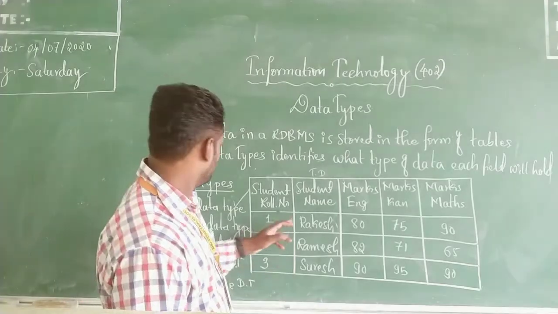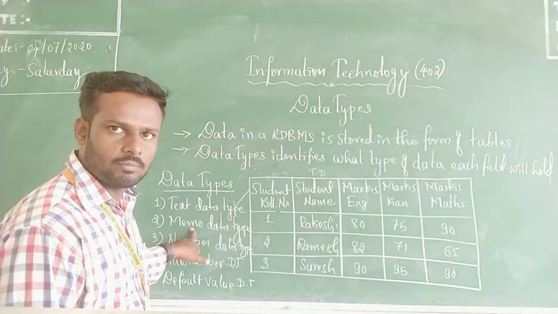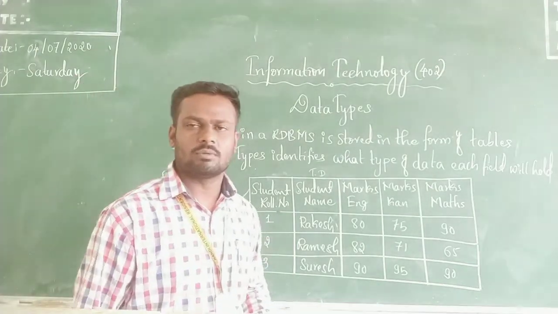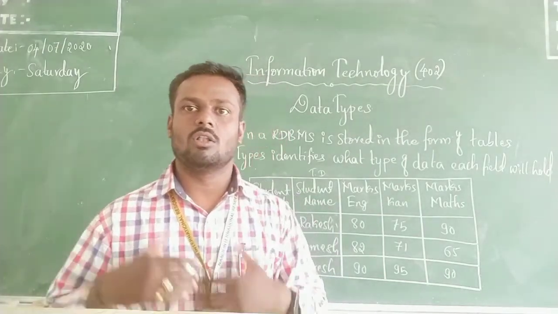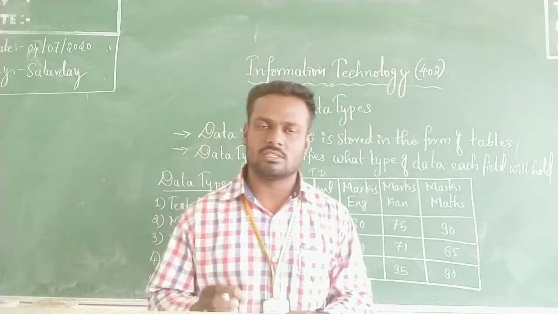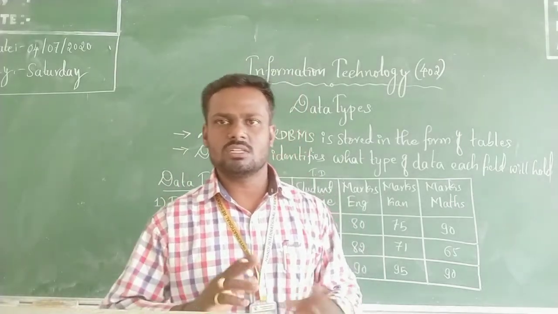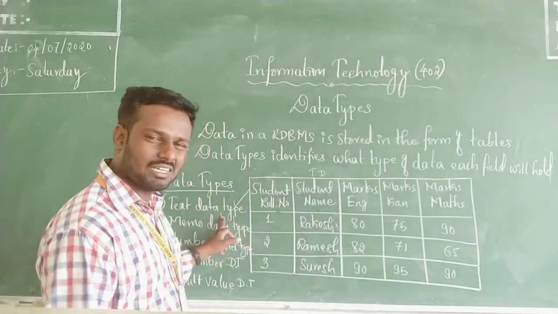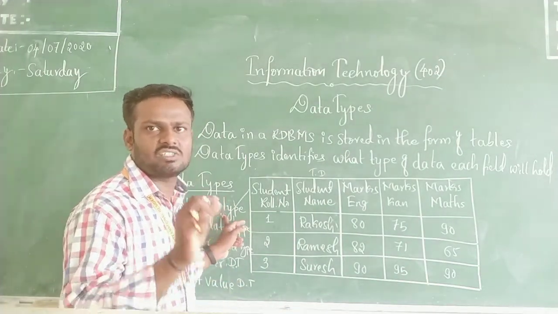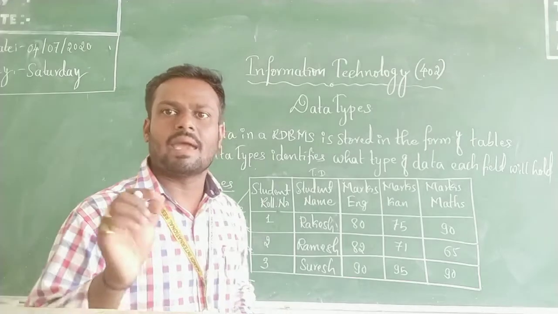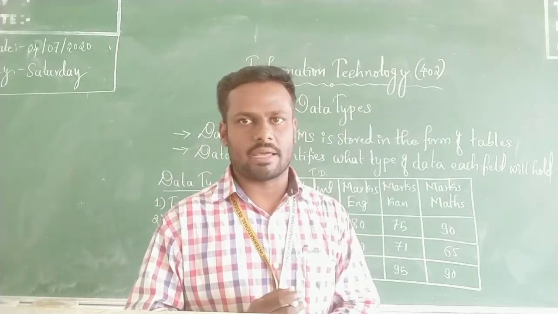So next we have memo data type. So what is memo data type? Memo data type is nothing but a long text. We call it a long text. So what is the difference between text data type and memo data type? The text data type holds a maximum of 255 characters.